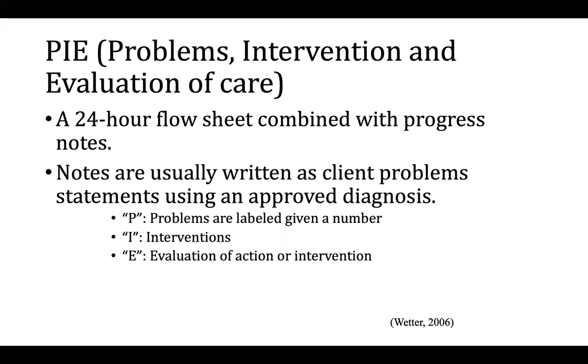With this, problems are labeled by giving a number. Just depending on where you're working depends on what that number system will be. Usually this is used more by nurses than it is by recreational therapists, but it still could be used by recreational therapists. Then what intervention you used with that client, and then the evaluation of action or intervention.